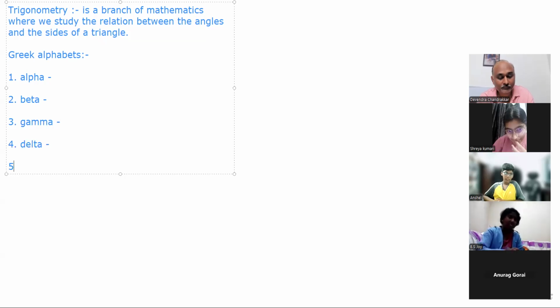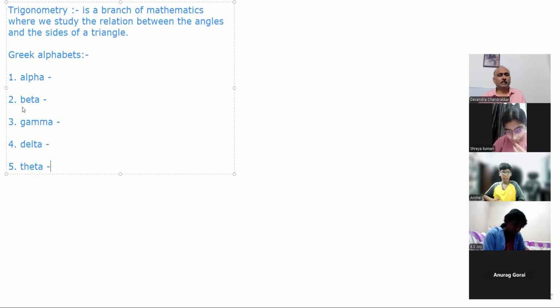So I am just introducing a few of them. So first one is alpha. Second is beta. Third is gamma. Fourth is delta. Fifth is theta. So these are a few of them, right?